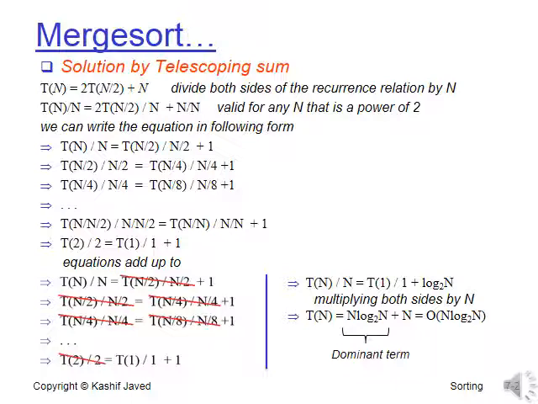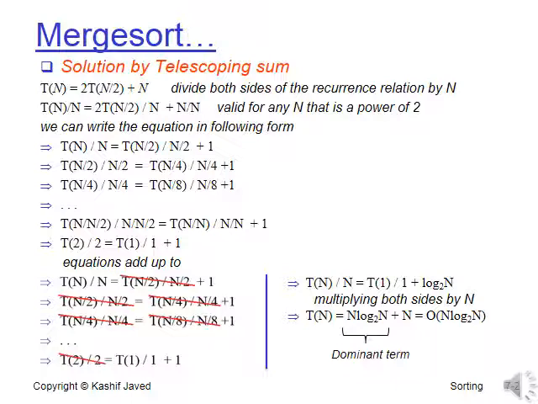Now dividing n by 2, we get T(n/2)/(n/2) equals T(n/4)/(n/4) plus 1. Now again we divide n by 2, we get T(n/4)/(n/4) equals T(n/8)/(n/8) plus 1.